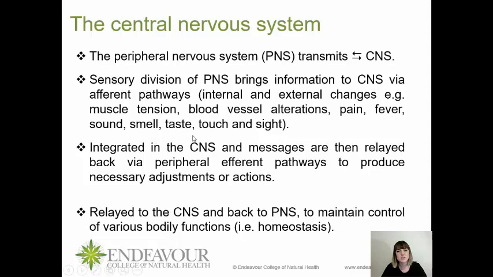The central nervous system is able to take in all of this information, integrate it, and create messages that will then be relayed back to the peripheral nervous system for all the necessary adjustments or actions, from control of our internal environment through to our movements and our interactions with our environment and others around us.